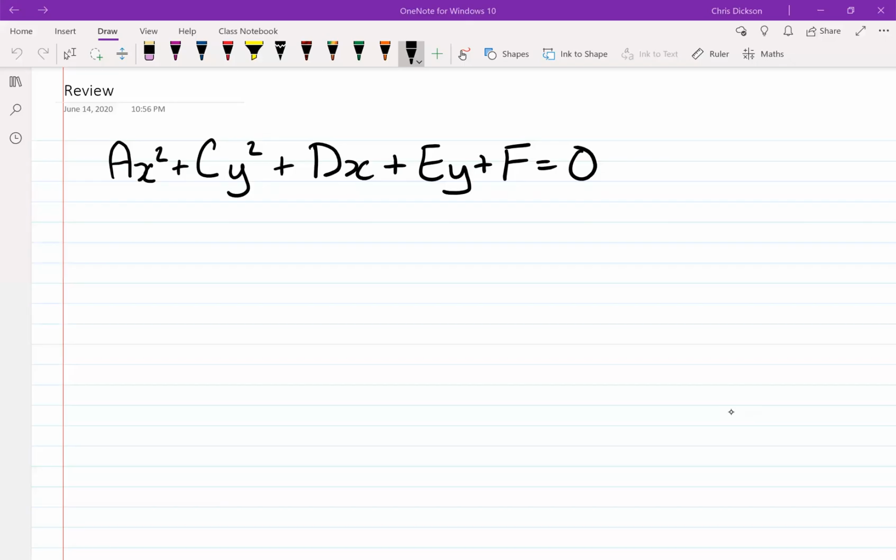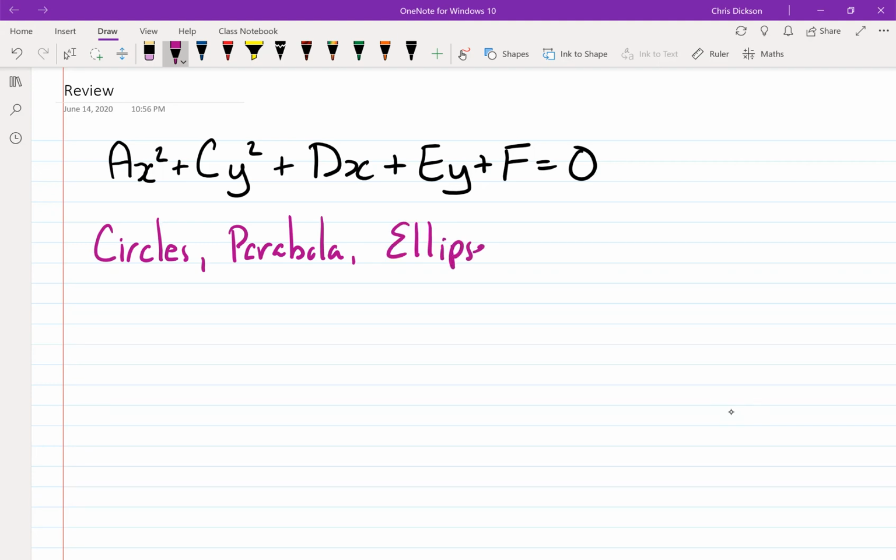Okay, there we go. So here's our general form of the conic shape. And once again, we have circles, parabolas, ellipses, and hyperbolas.